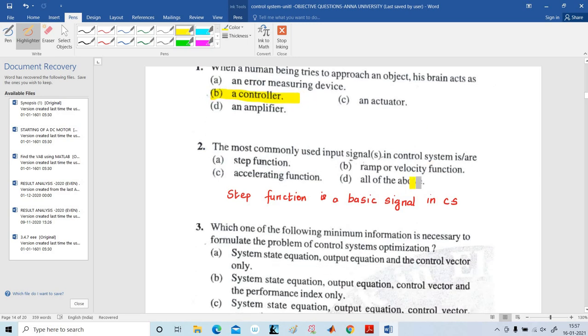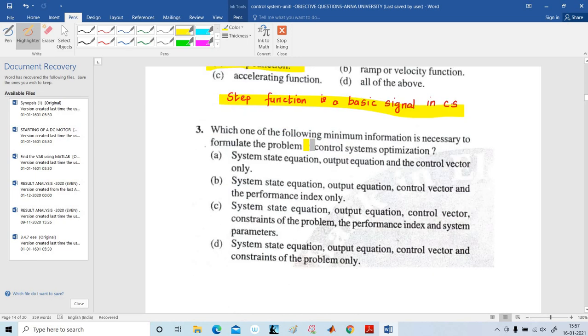Next question. The most commonly used input signal in control system. There are different types of signal: step, ramp, acceleration, sinusoidal, impulse. 5 different types, but the step function is the basic signal in the control system. That is step function.